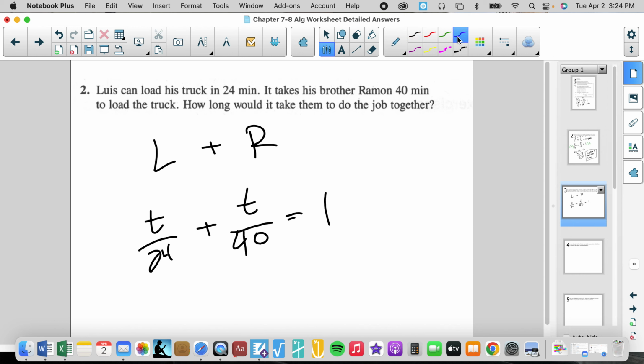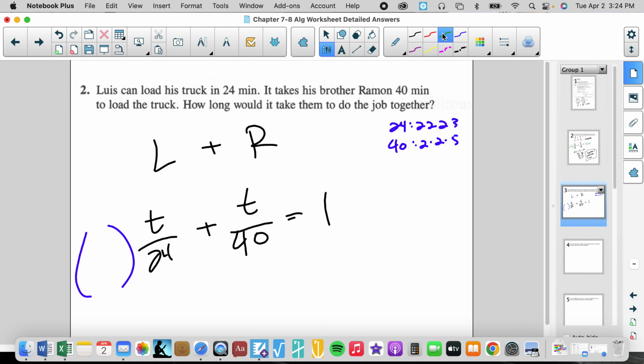So now we look for a common multiple of 24 and 40. 24 is 2 times 2 times 2 times 3, and 40 is 2 times 2 times 2 times 5.